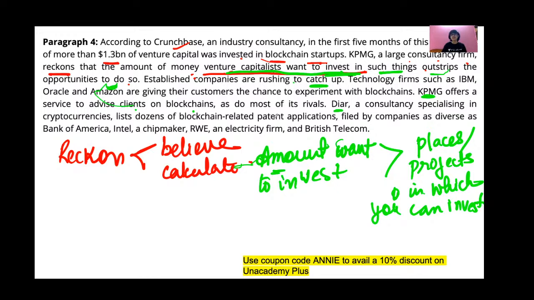So this company, Dyer, is a consultancy specializing in cryptocurrencies, and it lists down patent applications of blockchain, and also the names of companies who want a patent in blockchain. Okay.